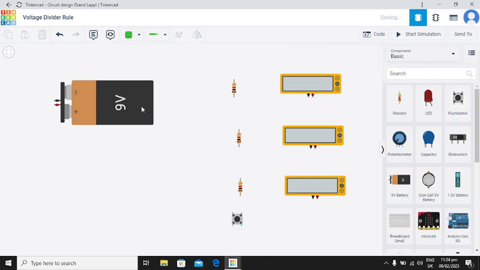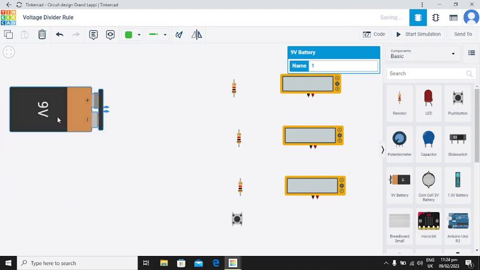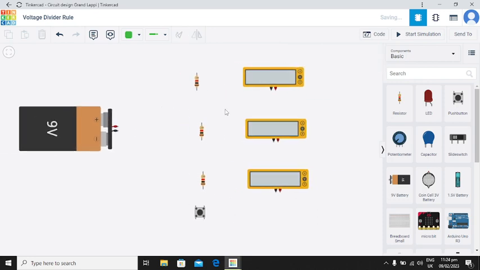Okay, so these components I need for the simulation of my circuit. Okay, so for these connections I need a wire.